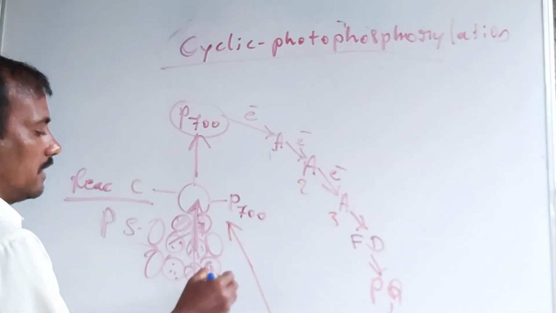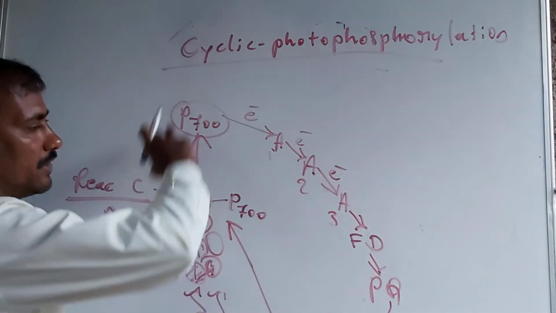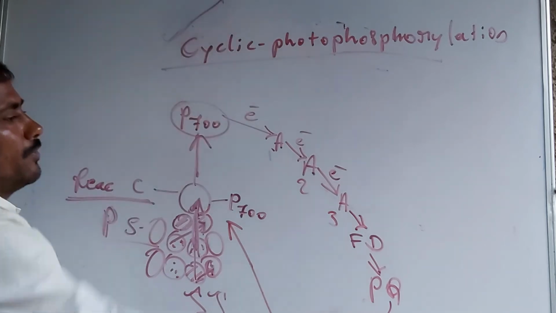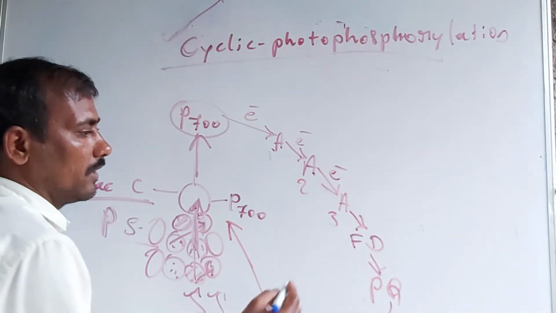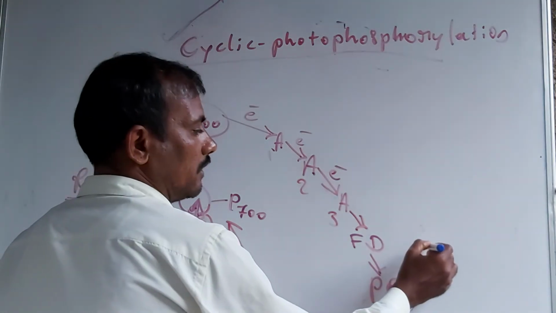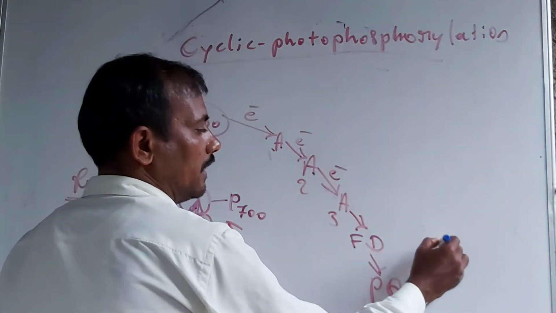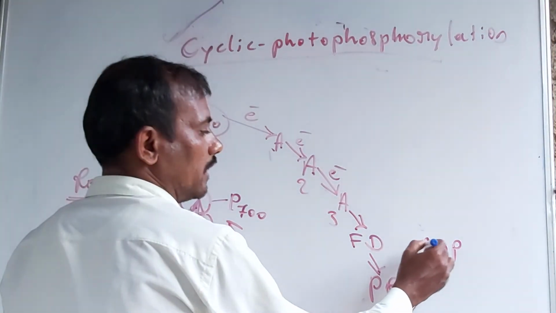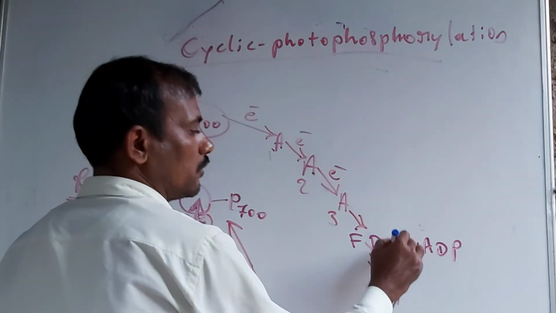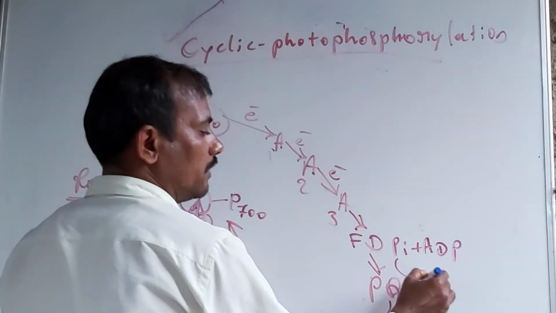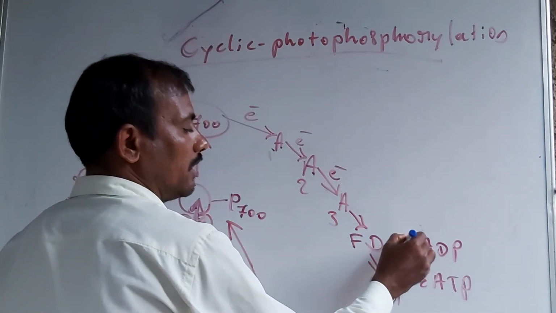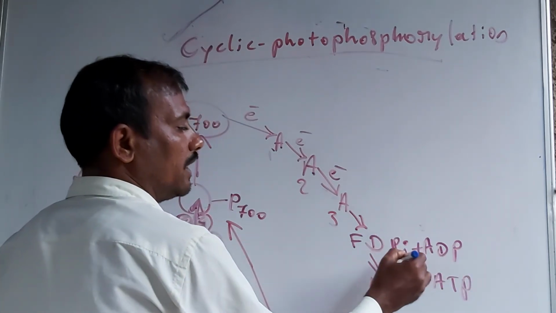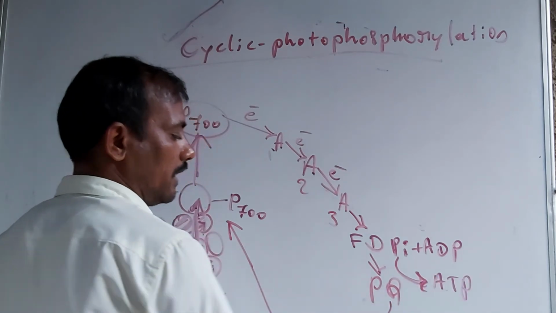So this is the schematic representation of the cyclic photophosphorylation of the photosynthesis. Here what happens, the ADP with the help of the inorganic phosphate molecule gets converted into ATP. As a result of the addition of the inorganic phosphate to the ADP, it gets converted into ATP.